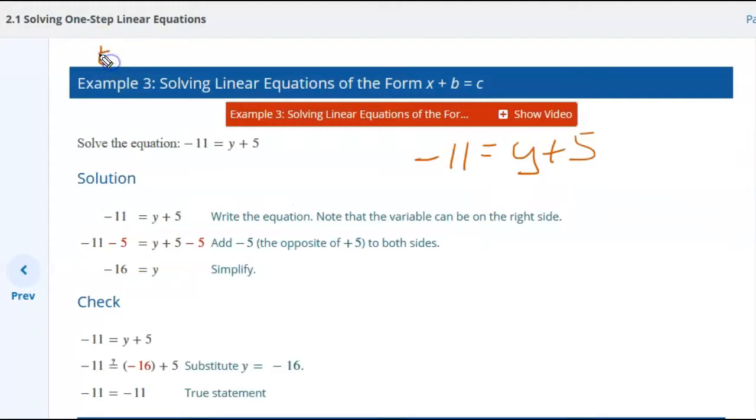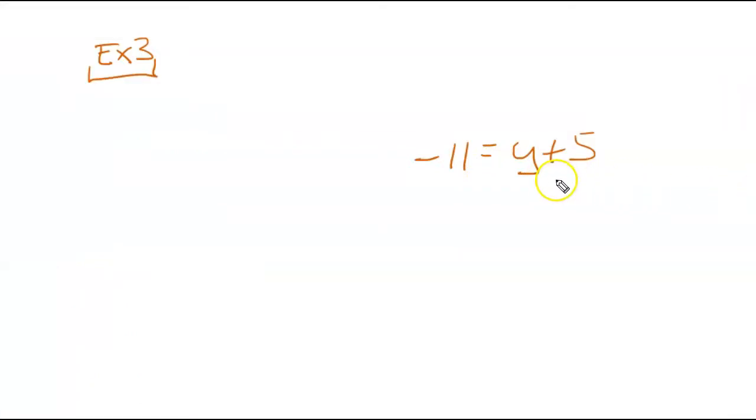Again, you're going to write example 3, and then you've copied the example down. Be sure you copy it correctly. Never hurts to take that little extra time to check. And we could use a whiteboard here too. So there's our equation. Now notice the y is on the right, not a problem.